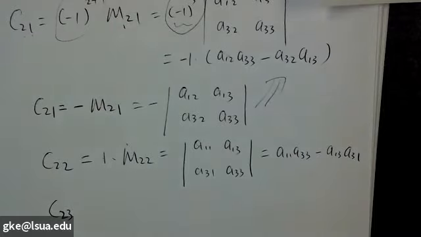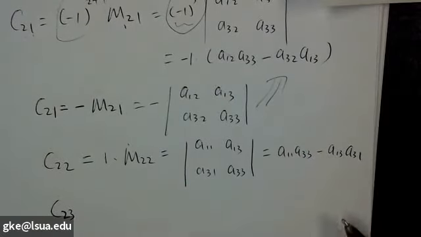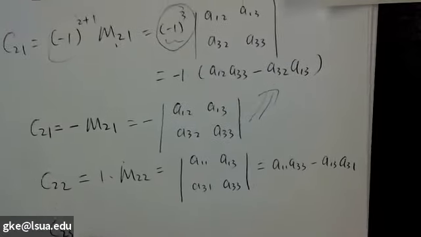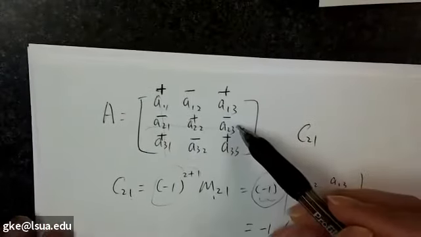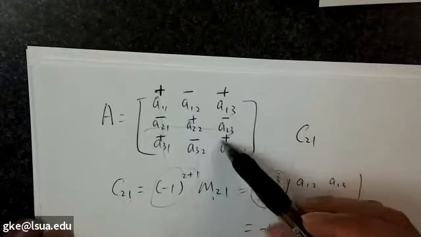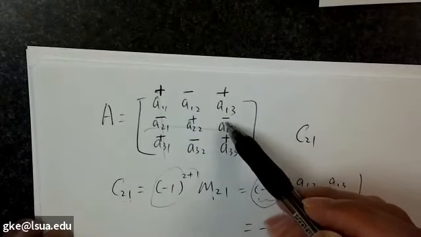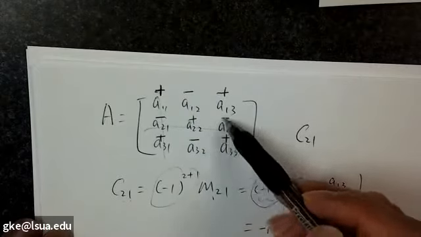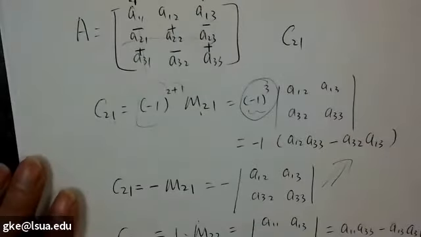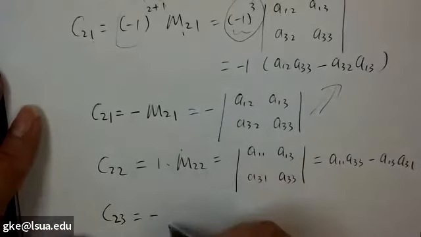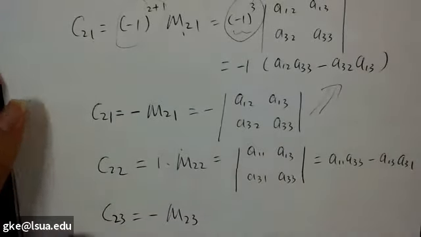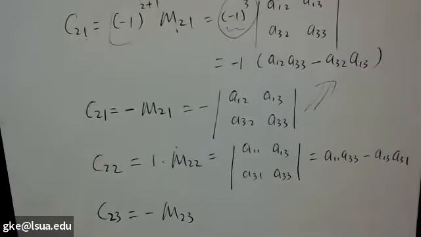Okay, I'm going to write down the answer on the board. So C23, corresponding to this element, that is a negative, right? So we just write down the negative. And times, based on the definition, M23.